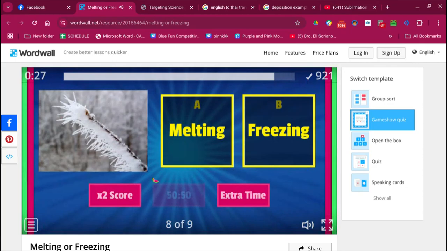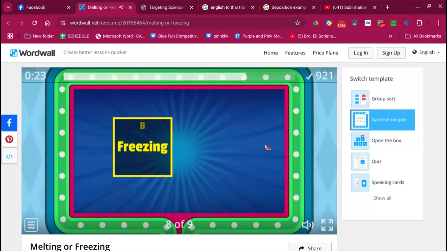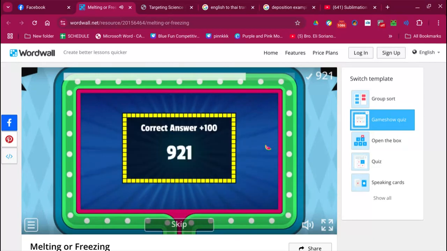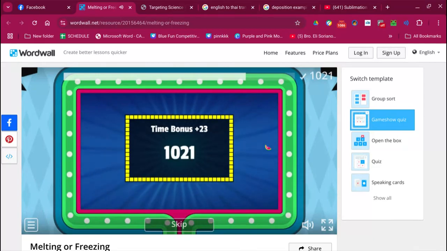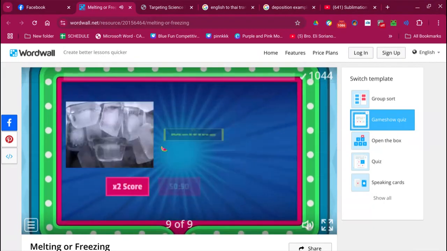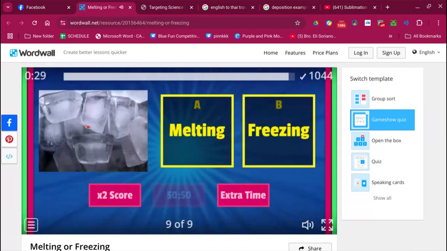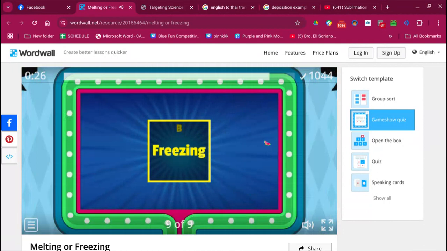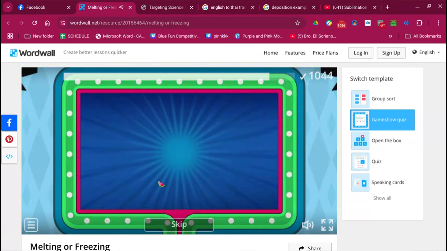So, the eighth question. This is sublimation. Freezing? Okay. Yes. Very good. Oh, you have 1044 points. Oh, question number 9. Get ready. What is this? Freezing. Okay. Good job. It is correct.